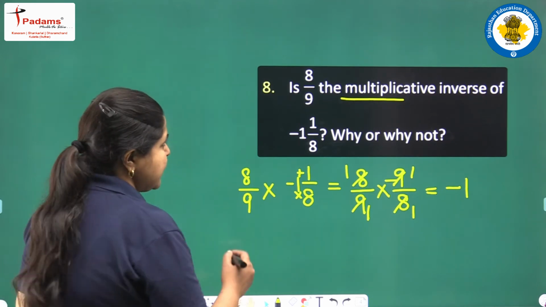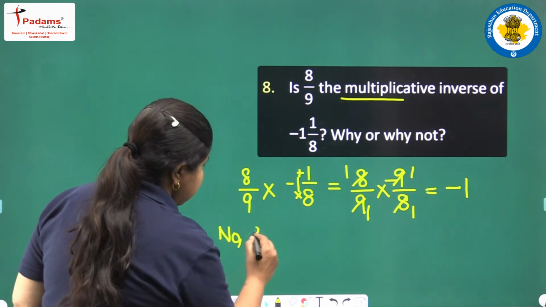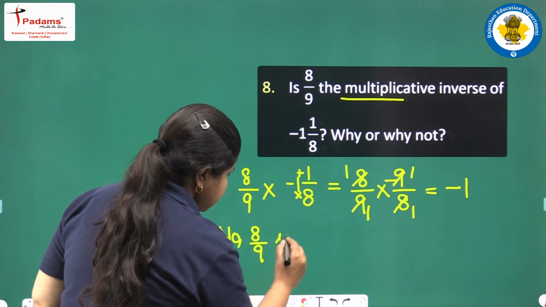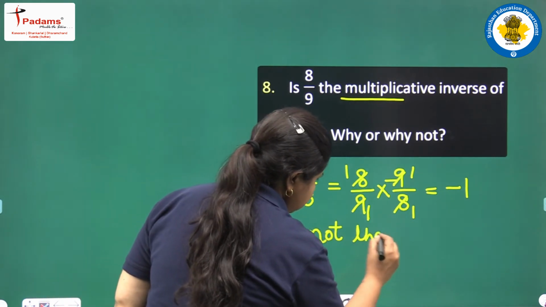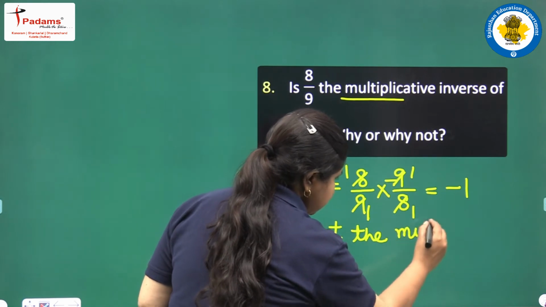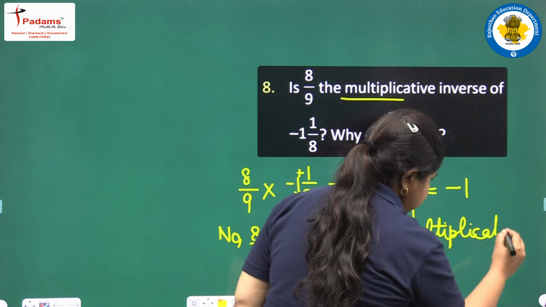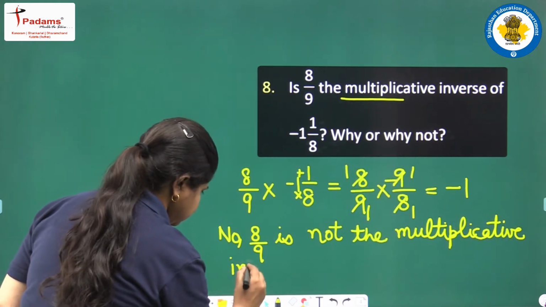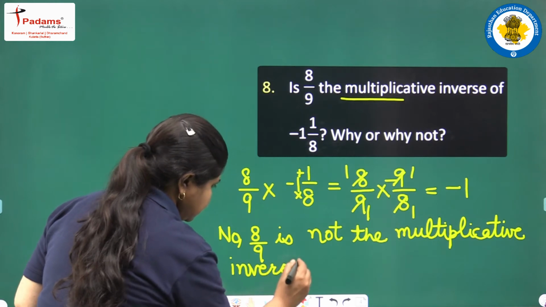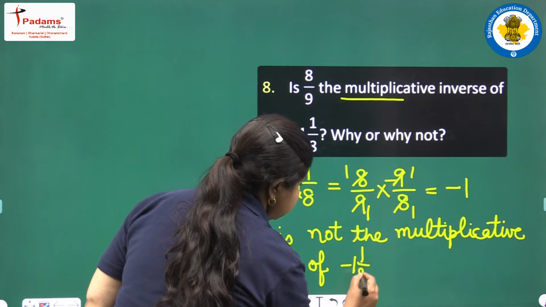So we can give the result, no, 8 by 9 is not the multiplicative inverse of minus 1 by 8.